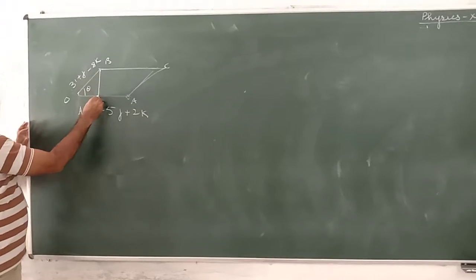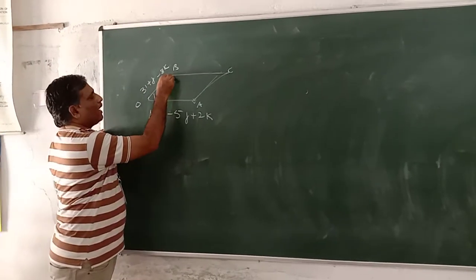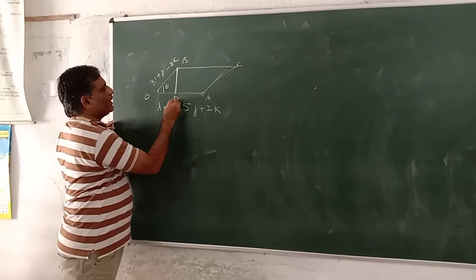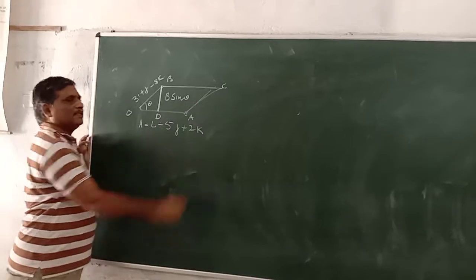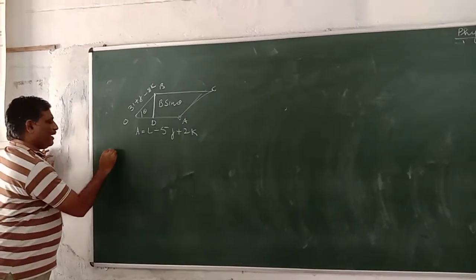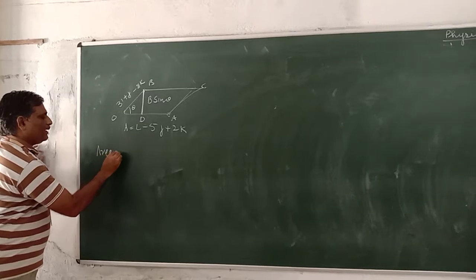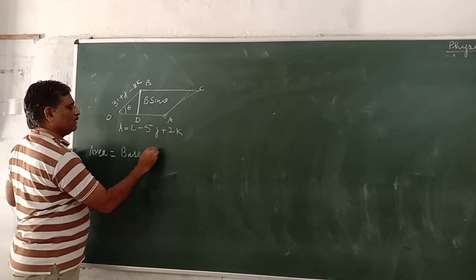Height BD becomes B sin theta, because the front side is sin theta into hypotenuse. So the area of the parallelogram is equal to base into height.